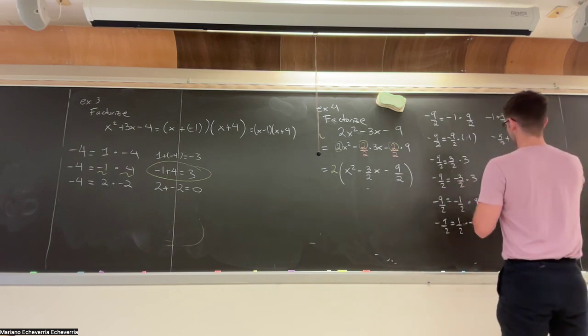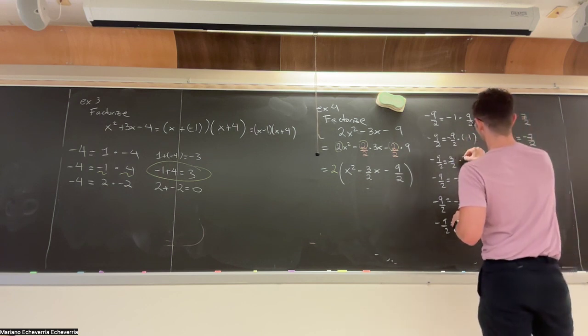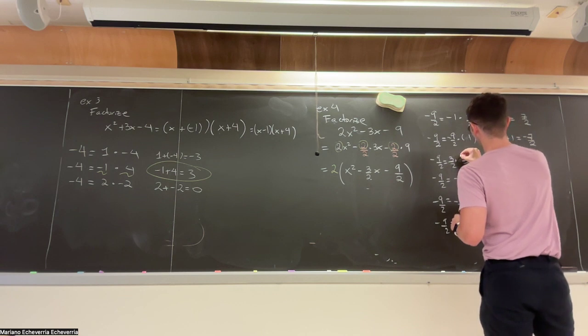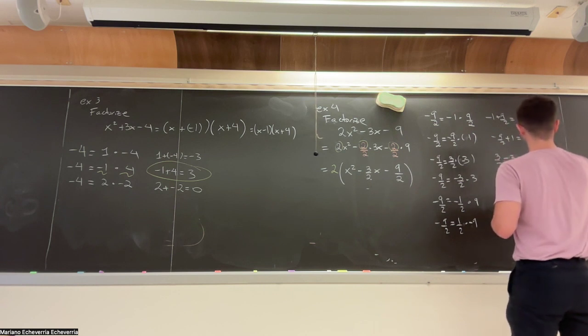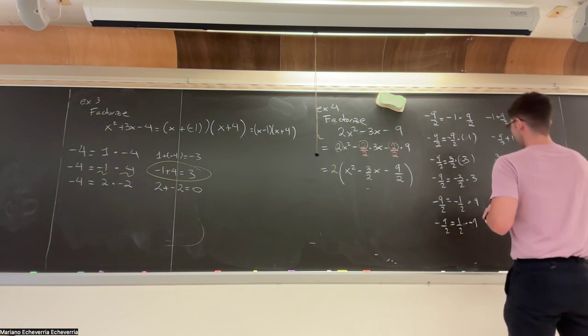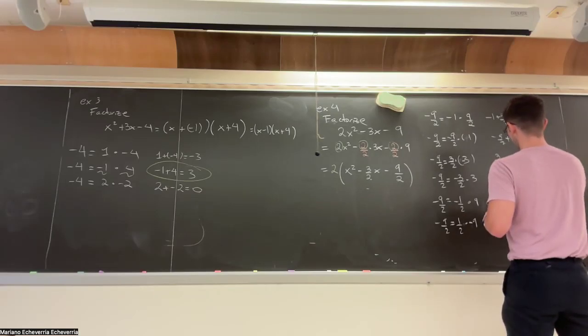And you'll see this 3 halves plus 3. Oh sorry, it should have been -3. Then minus 3 halves plus 3 gives me 3 halves.